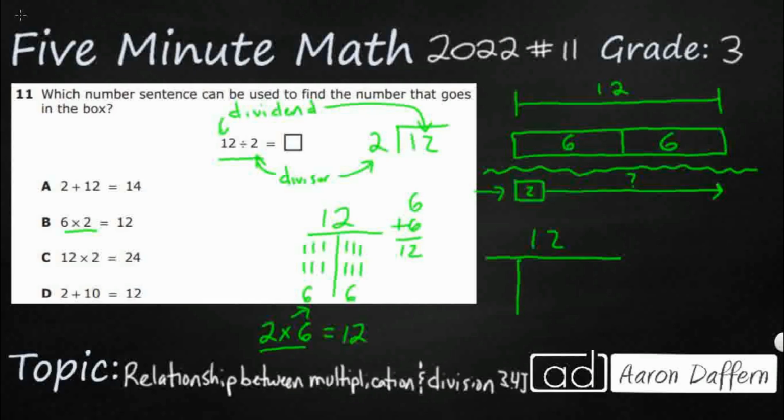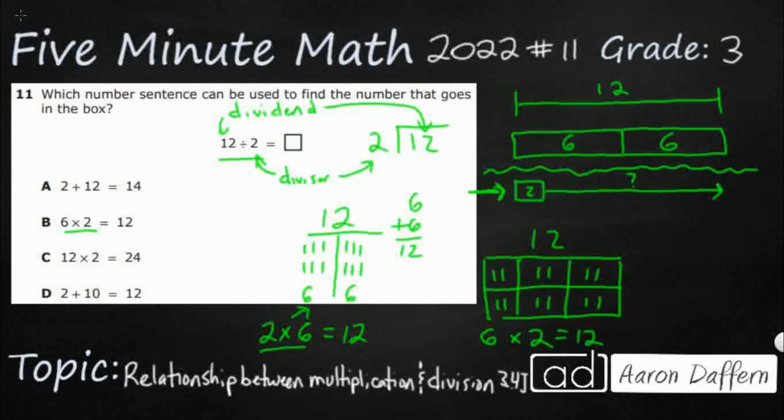Okay, so let me just kind of do it like this here. And I've got 1, 2, 3, 4, 5, 6, 7, 8, 9, 10, 11, 12. Yeah, okay. So this represents 6 groups of 2. So that kind of represents this strip diagram right here. And that also makes 12.